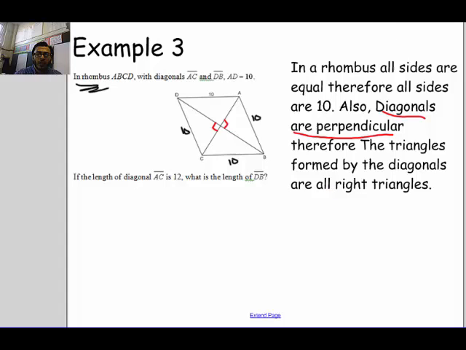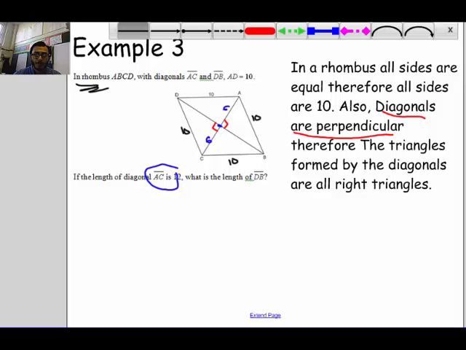Now, we know that the length of diagonal AC is 12, and you should know from the properties of parallelograms that the diagonals bisect each other. So this should be 6 and this should be 6 because this is a midpoint, the point of intersection of the diagonals. Because in all parallelograms, the diagonals bisect each other.